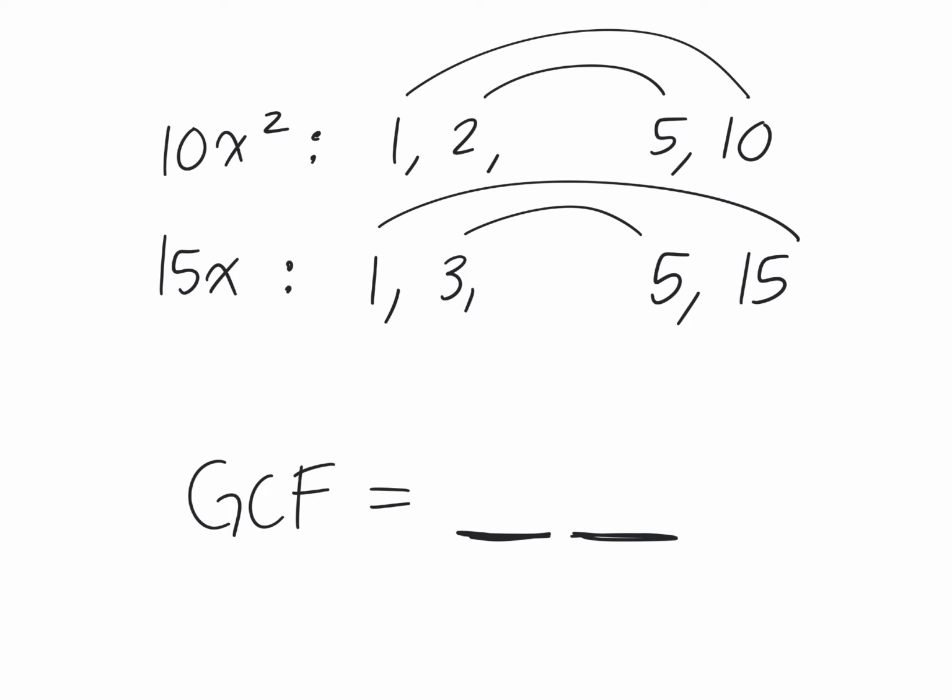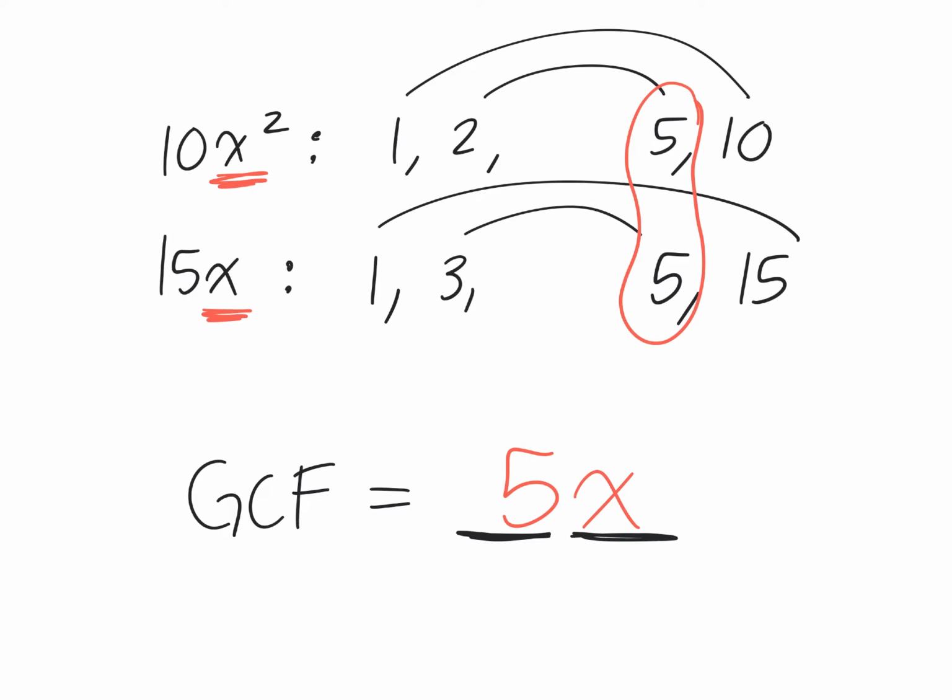What's the greatest common factor? 5. Do they have a variable in common? Can both of these terms be divided by a variable? What variable can they be divided by? X. Okay? Both of these terms can be divided by x. So x is a common factor.